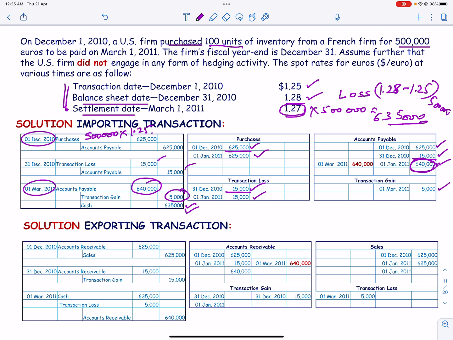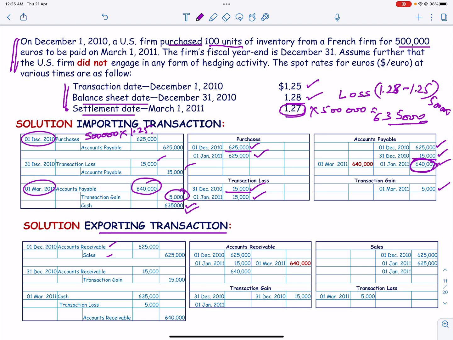Okay, so now we assume that the US firm doesn't buy but rather they sell, and all other facts remain the same as in this example. So our payable becomes receivable, our purchase becomes sales, and we are going to record accordingly.